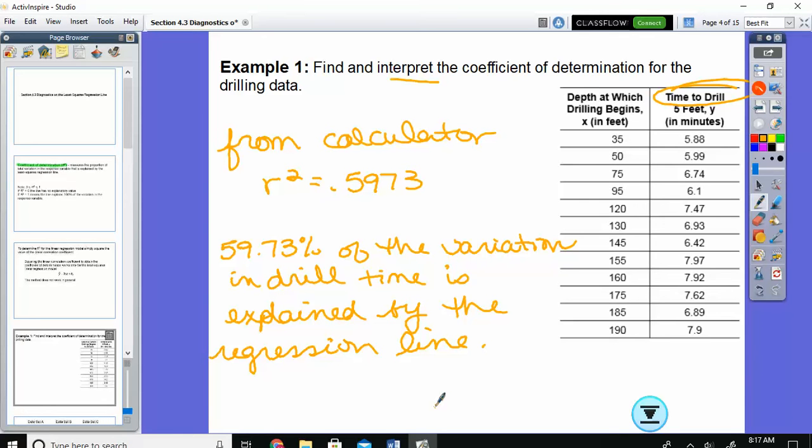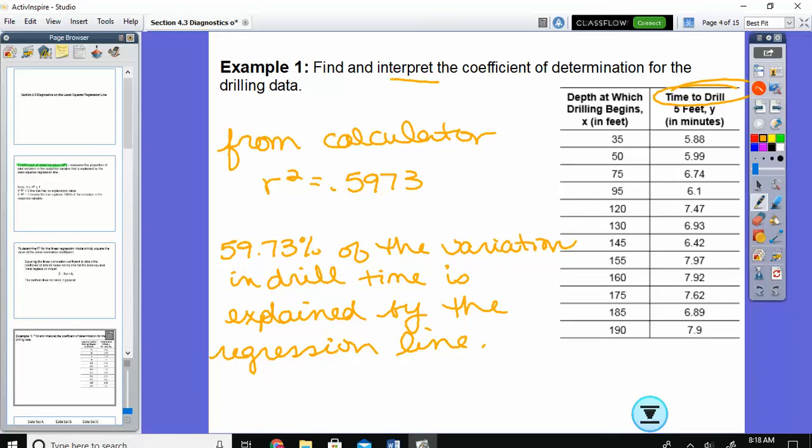Questions there? Yes, ma'am. If you enter your data in a different order, say I accidentally skipped a number, like I skipped 7.92, and so I put it at the end. Okay, here's the problem. These are like ordered pairs.